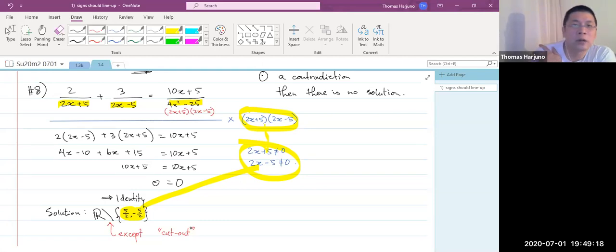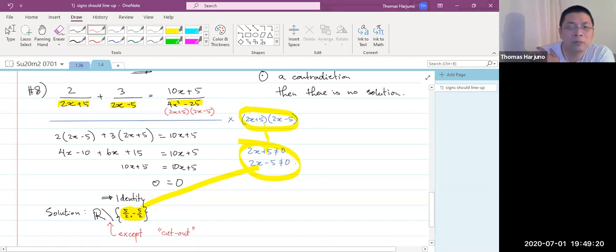So Thomas, what does it mean to say contradiction? Let's say, for example, you end up with negative 4 equals 3, which is a contradiction.